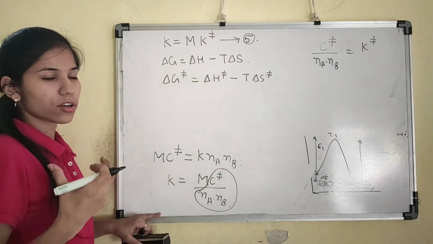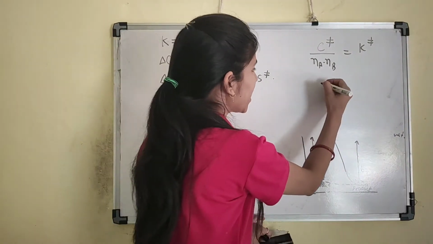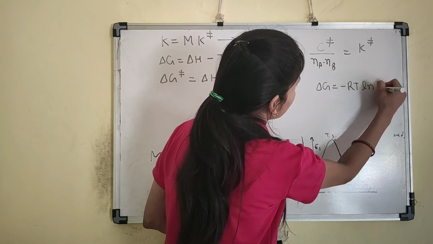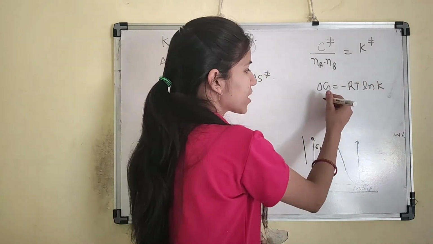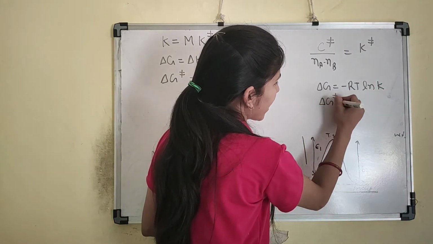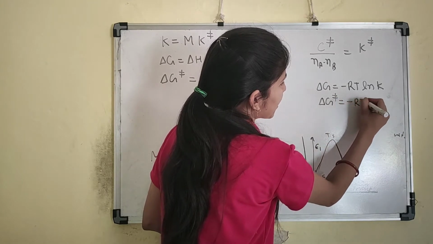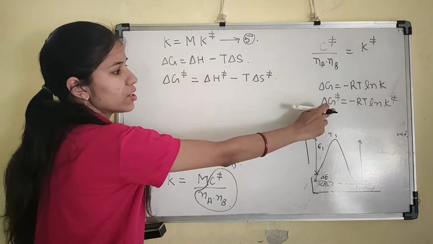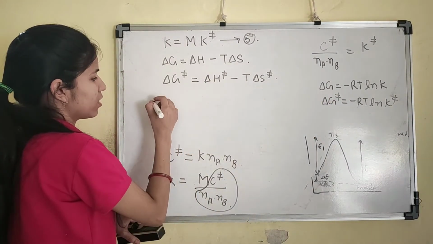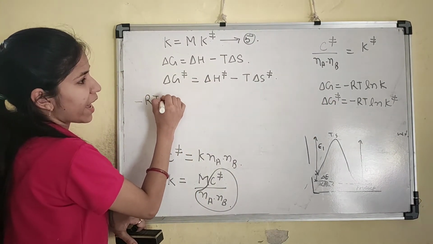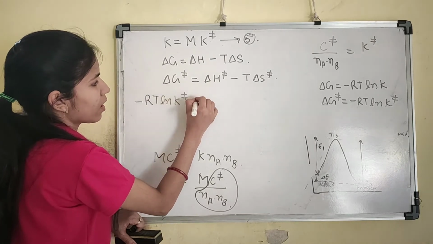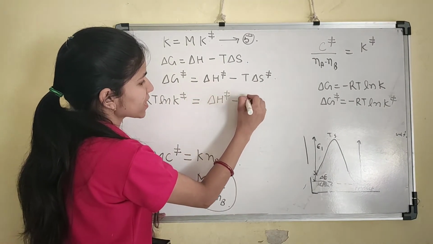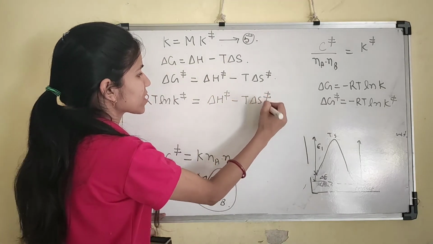From the Van't Hoff equation, delta G is equal to minus RT ln K, and for transition state theory, this can be written as minus RT ln K star. So putting the value of delta G star here, minus RT ln K star is equal to delta H star minus T delta S star.